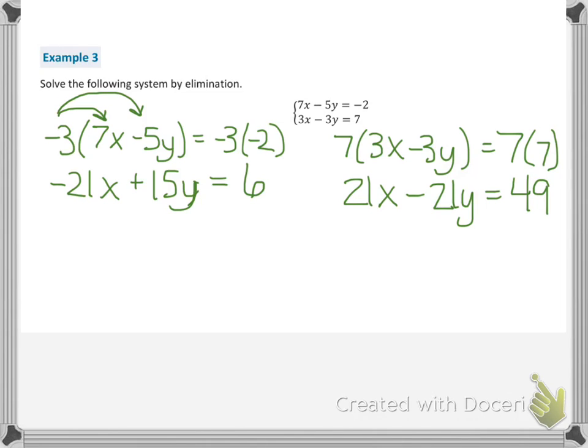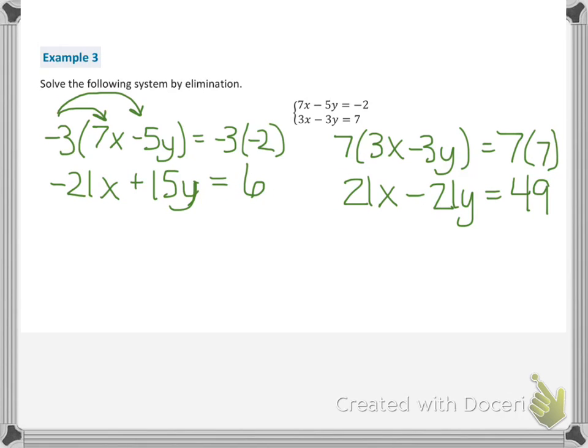Okay, so I've got a whole new system here. I've got this equation and this equation, but this system's going to have the exact same solution as this system because they're equivalent equations, right? They're just multiples of one another. And I like this system better because notice I have the -21x and the positive 21x, and when I add them together, the x's are going to be eliminated.